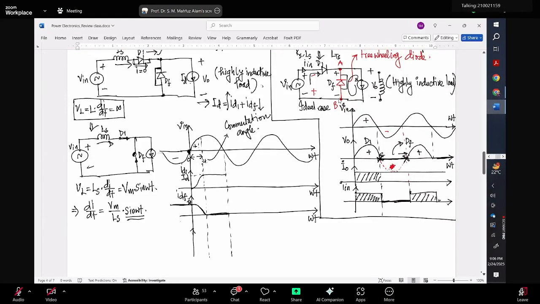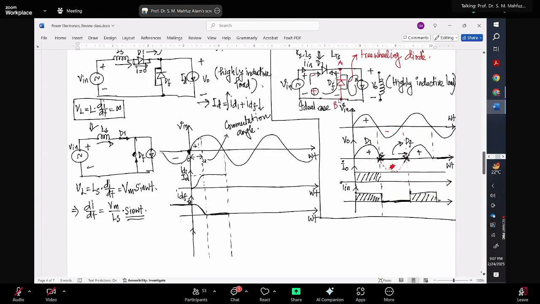Sir, can you repeat that again? During that portion here, DF is working, right? During the negative half portion. Yes, sir. If DF is working, then DF will work as a short circuit, right? Yes, sir. So if DF is a short circuit, then this positive terminal, as you can see, DF is short circuited, so it will appear here, right?